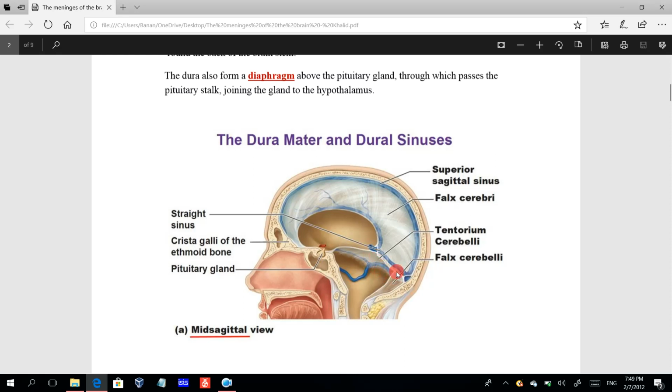And here we have another small membranous extension. This is called falx cerebelli, and this falx cerebelli passes between the right and left cerebellum. So the falx cerebri separates the right and left cerebrum, and the falx cerebelli passes between the right and left cerebellum.